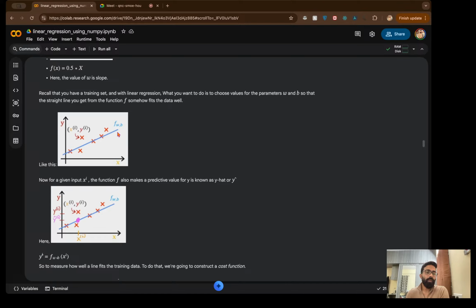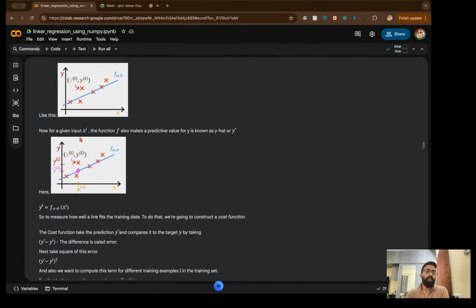And xi denotes the ith example of the training set. x0 y0 is the first training data point, x1 y1 is the second, and xn yn is the last. We are trying to create this line, this function, so that it will fit the data well.